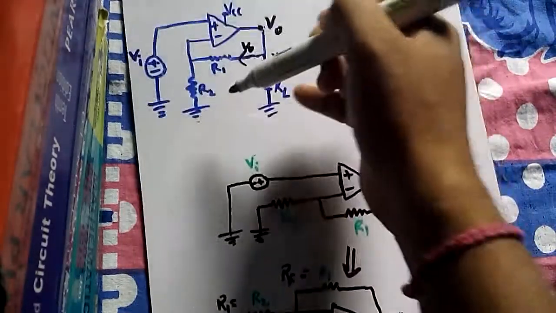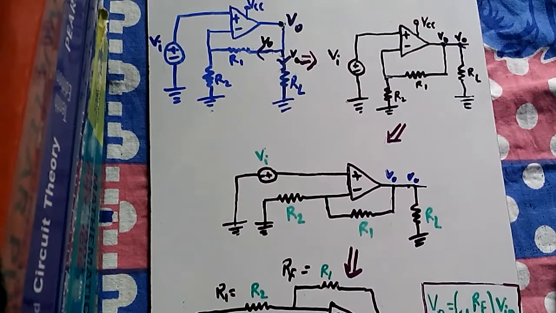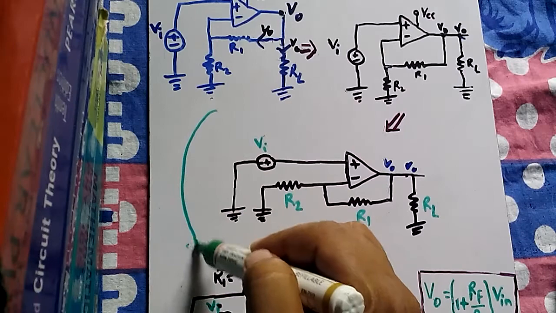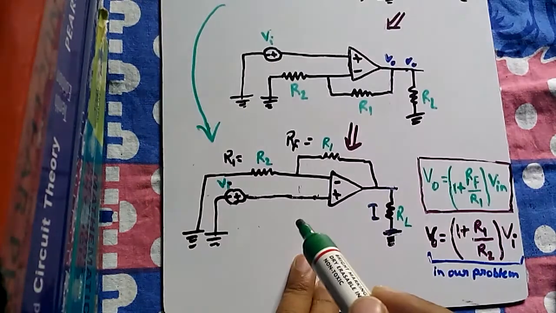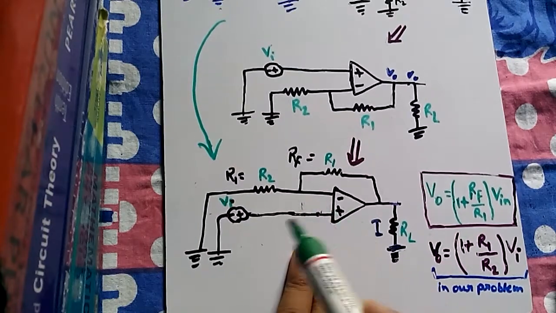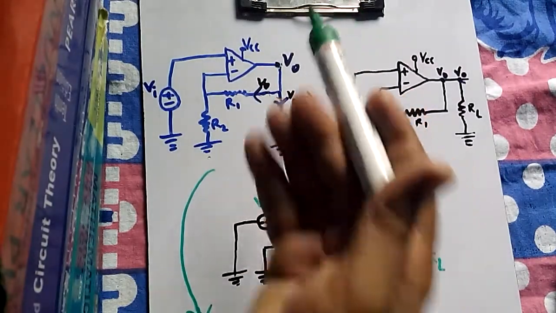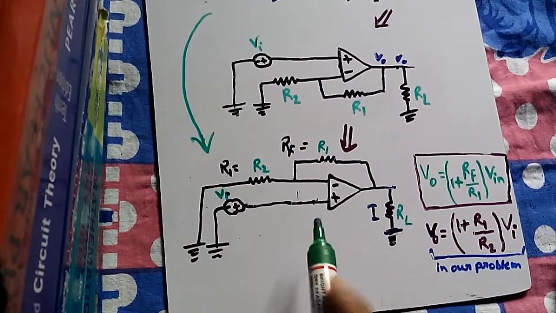That means this is the question, and I have told you that this circuit is actually this circuit. So even if you don't simplify it, by watching it closely you can understand that it is a non-inverter circuit. Well, I have simplified it, but this is the non-inverter circuit.